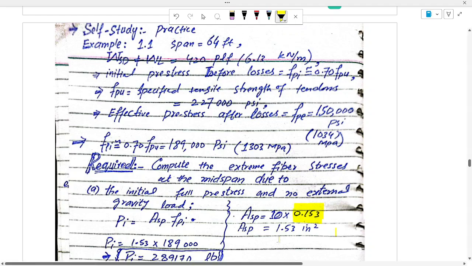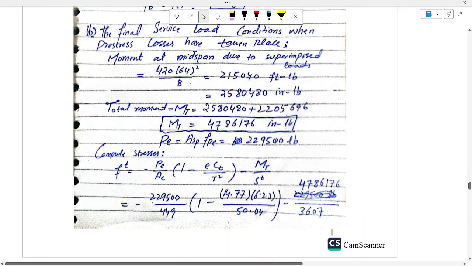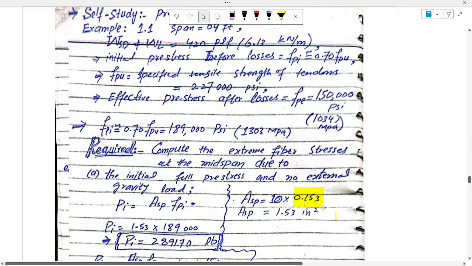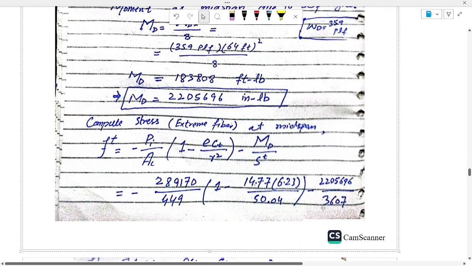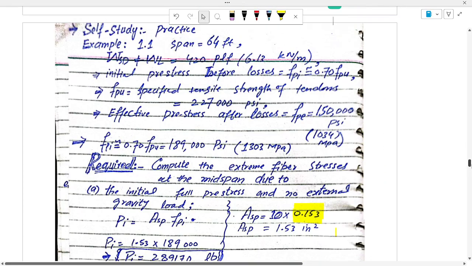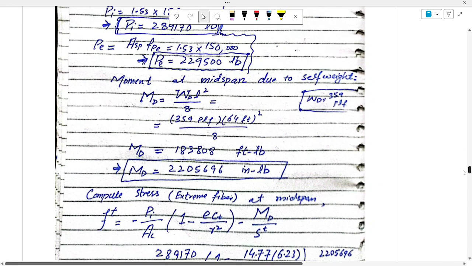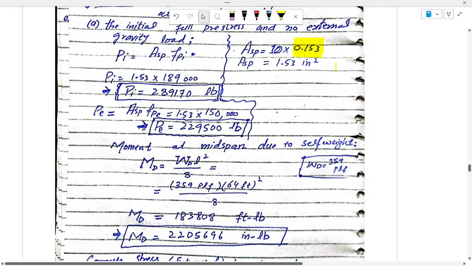In this way we calculate ASP, and after ASP, sorry for that, it's just moving so quickly. Let me adjust its sensitivity. Okay, now it's okay. So in this way we calculate PI.